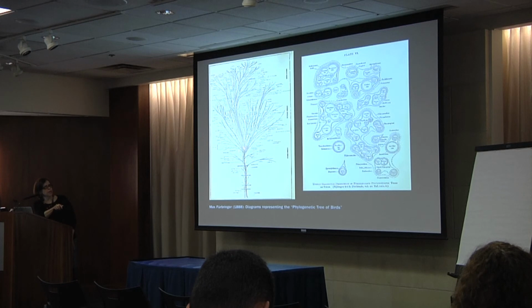tree of birds. But also what Fulbringer, I don't know if I'm saying it correctly, did was he decided to look at this from the top, right? So this representation that you see here is coming from the middle section.